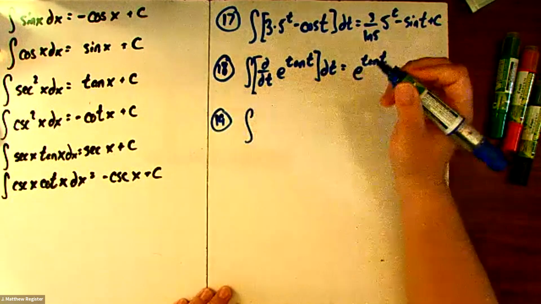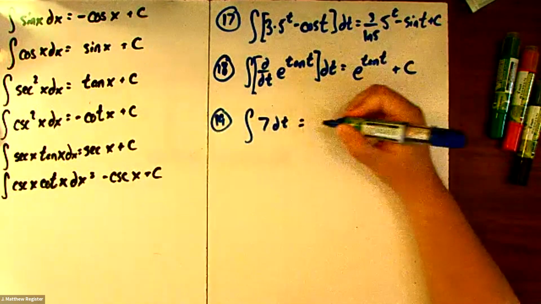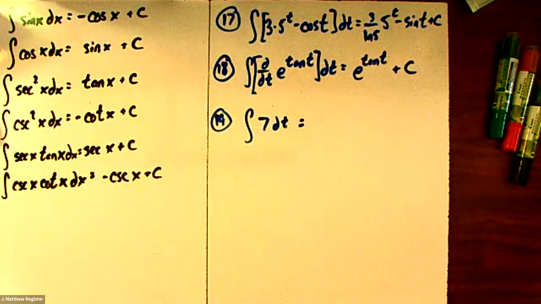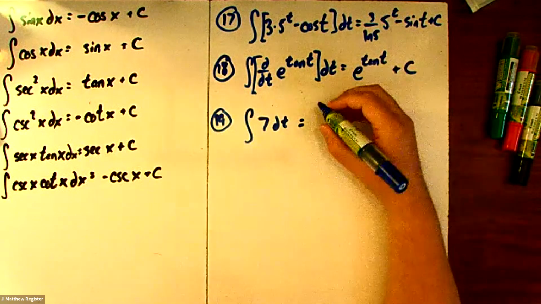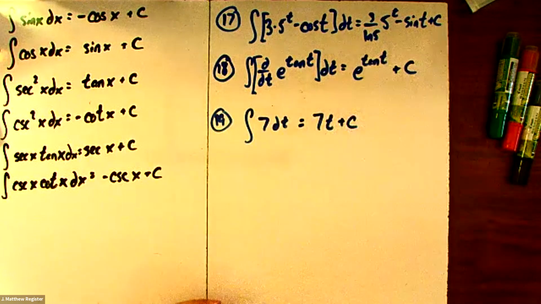(19) the integral of 7 dt. Well, 7 is just a number, and that would mean that the antiderivative, the 7 would be the slope of a line. And so this is going to give us 7t plus c.